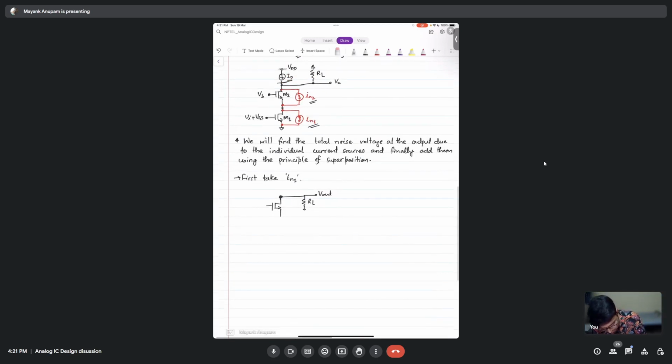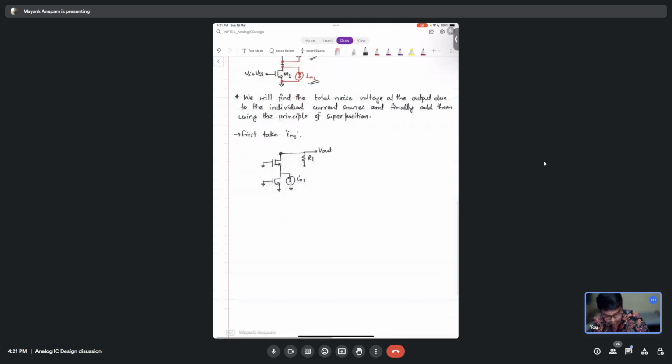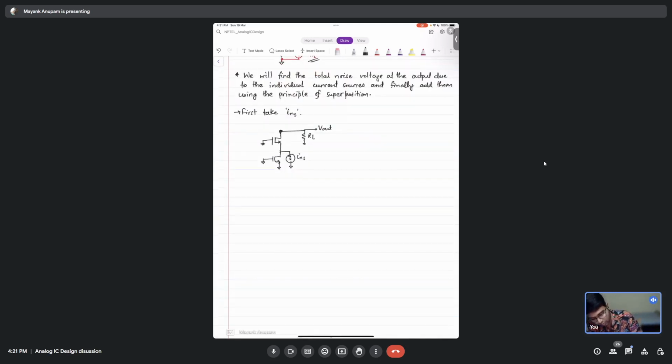Grounded, right? So we have to ground this, and this is also grounded. Then we have this current source, this is IN1.